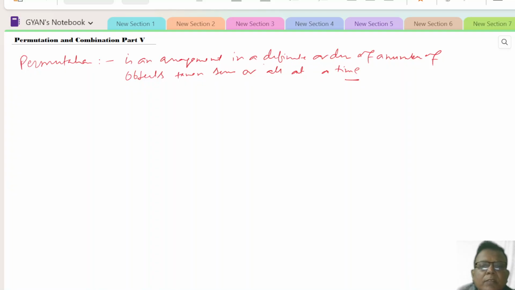So definite order is very important. Taken some or all at a time, that is also important.